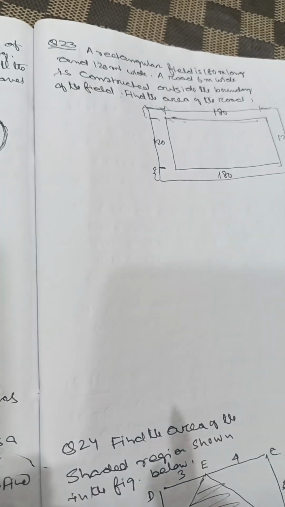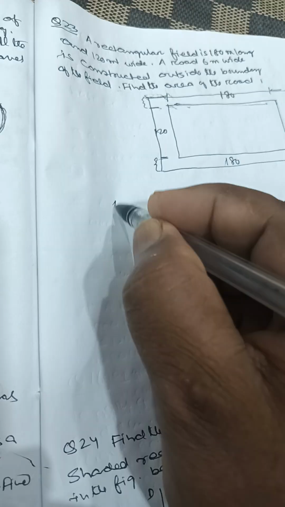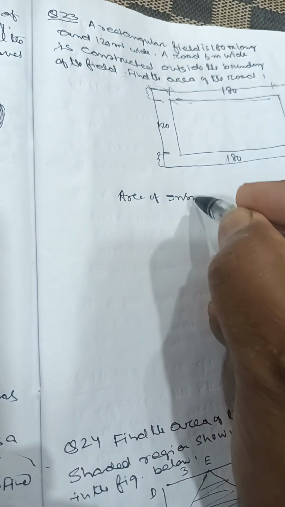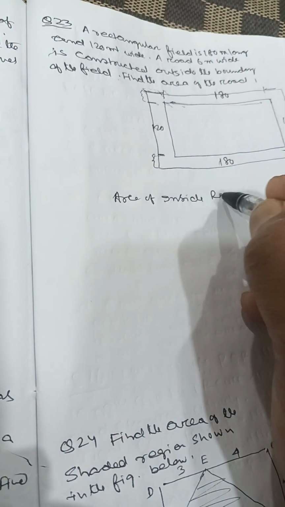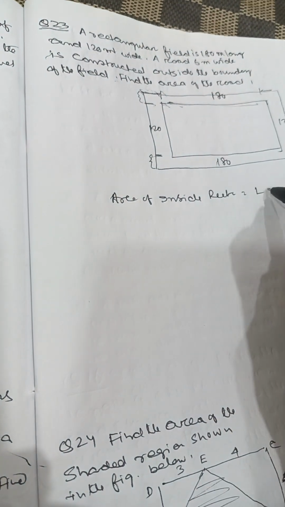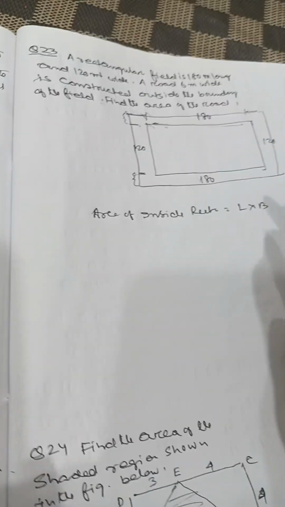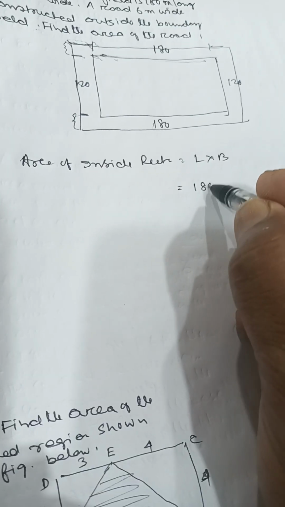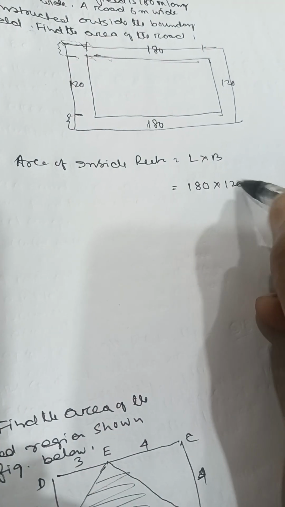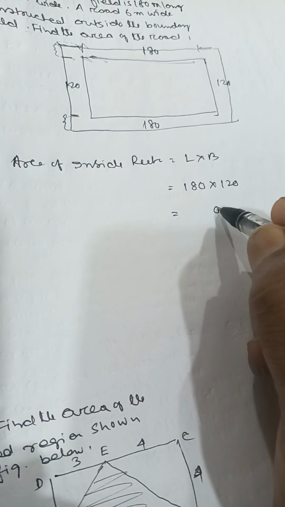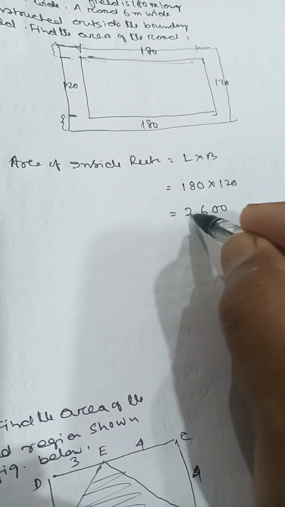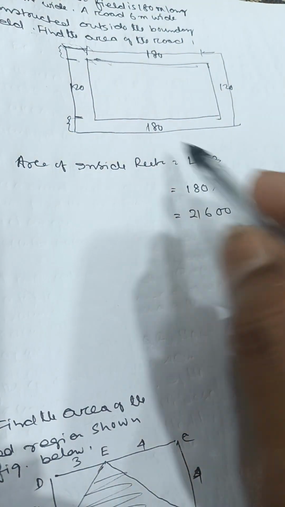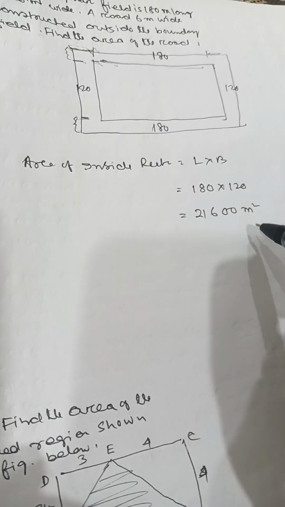First you write area of inside rectangle is length into breadth. Formula of area is length into breadth. So length is given 180 meter and breadth is given 120. So it will be 21600 meter square. I have multiplied 18 into 12, so we have got it.